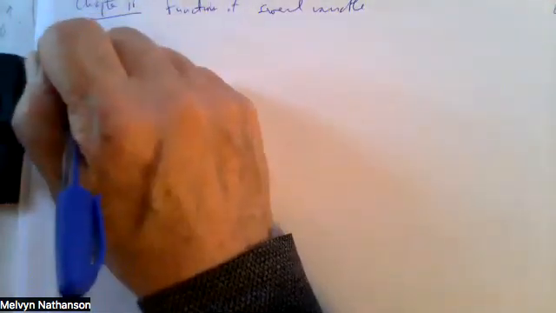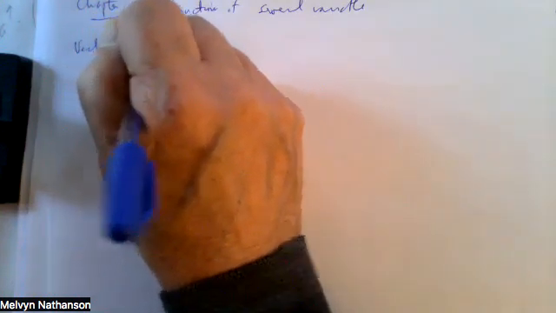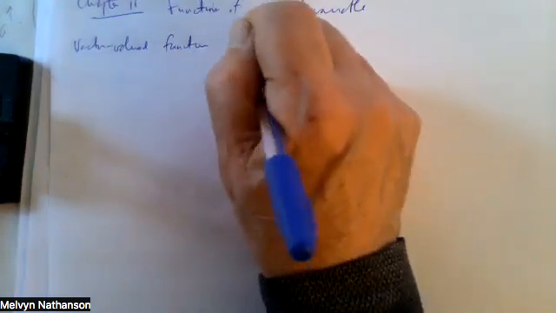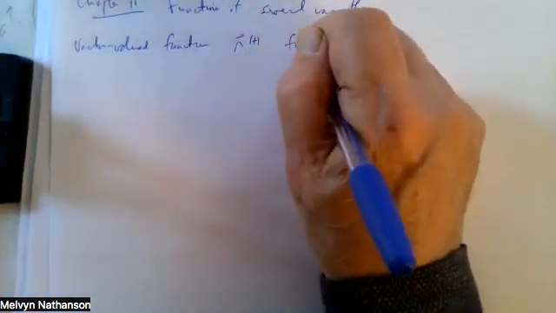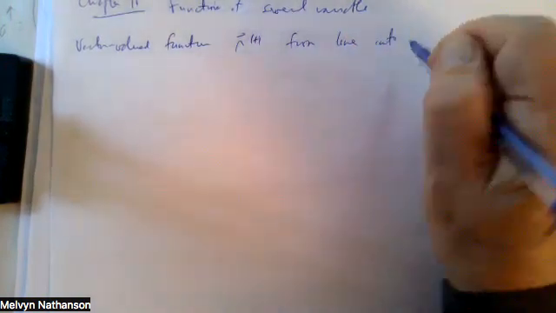So in the previous chapter on vector valued functions, that's a function like r of t, which goes from the line into space.